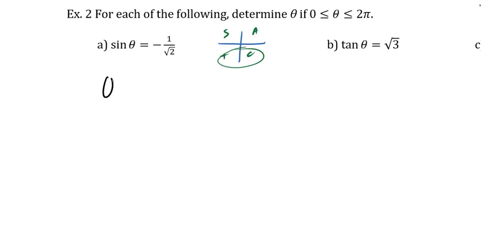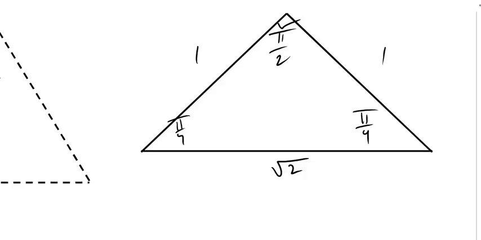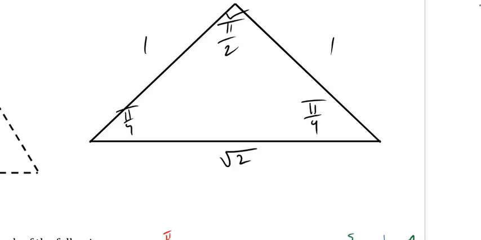Okay, so the first thing we're going to come up with is theta related, which in other words, again, using special triangles, 1 over root 2, it's that triangle. And sine is opposite over hypotenuse, so opposite over hypotenuse, 1 over root 2, pi by 4.